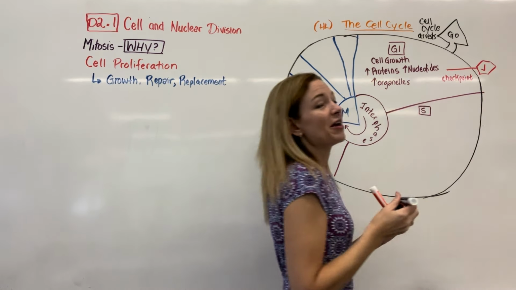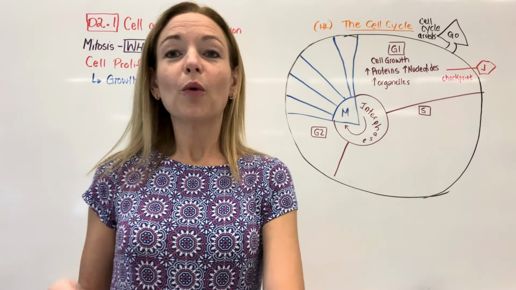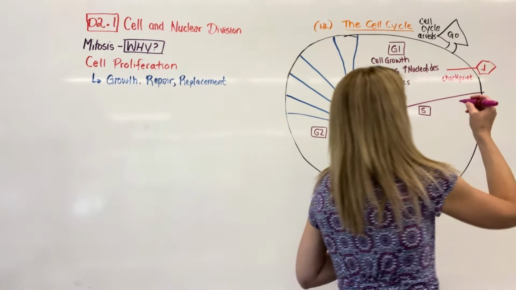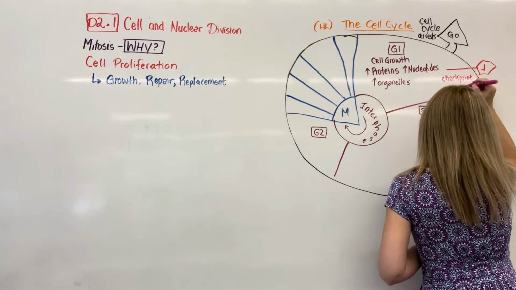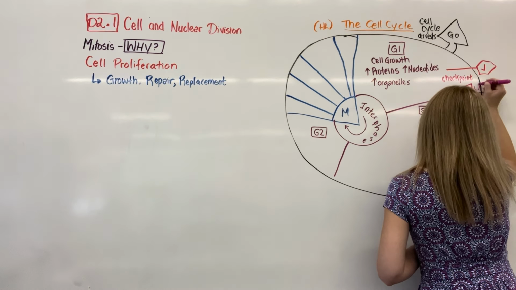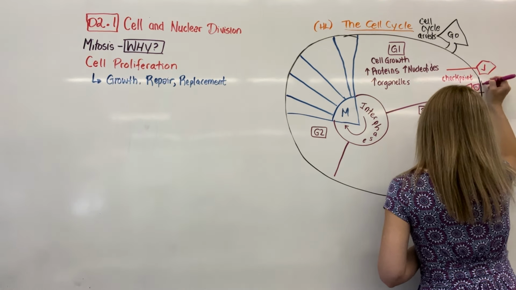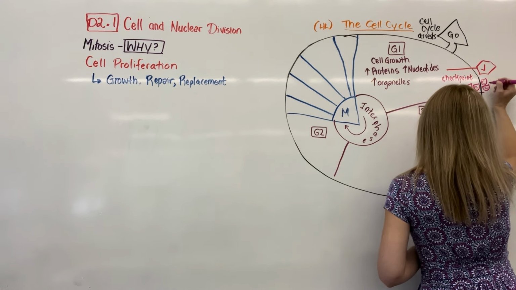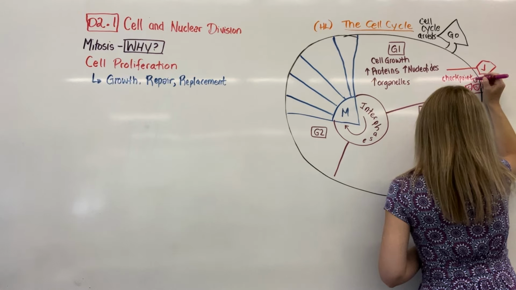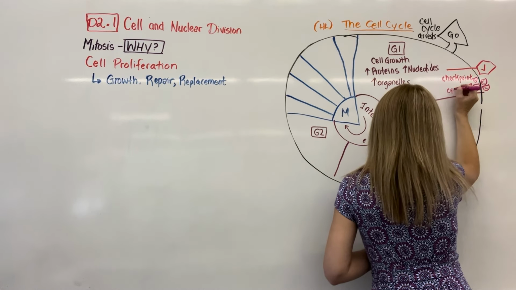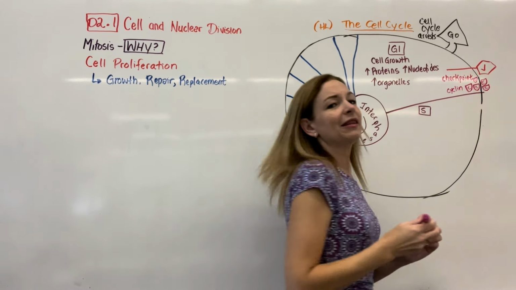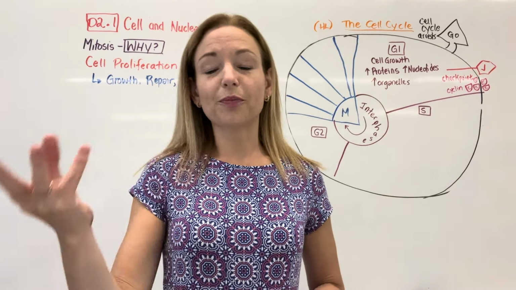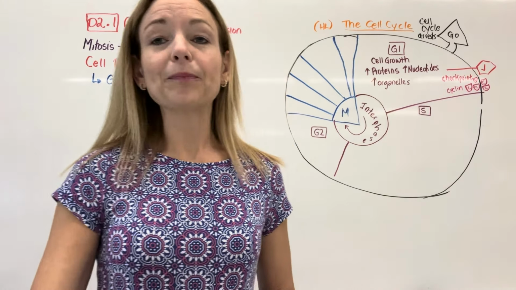Okay, so if it meets the checkpoint, what it actually does is it starts producing cyclin. So when the checkpoint is made, it will start producing cyclin, which is a messenger, a little protein that says we have met the requirements. So that's my cyclin. So in the event that the checkpoint is successful, it will start producing this cyclin.